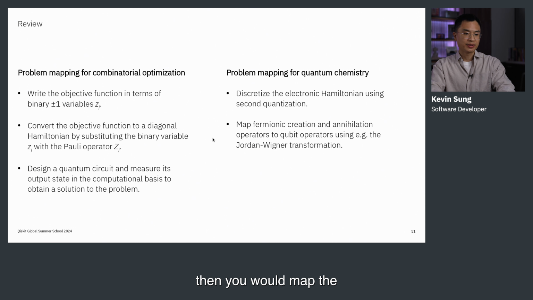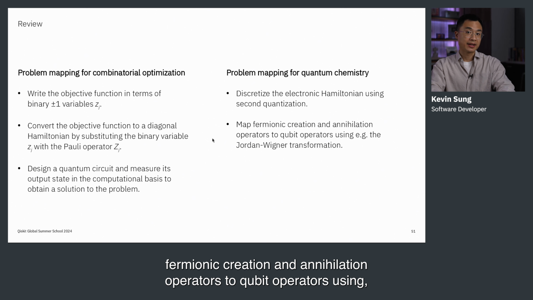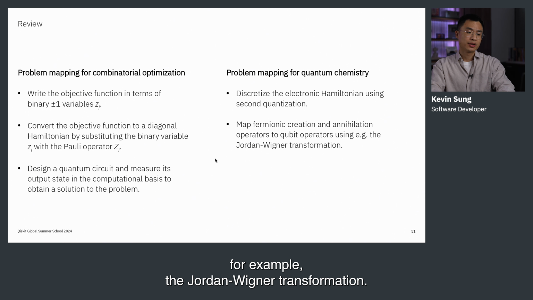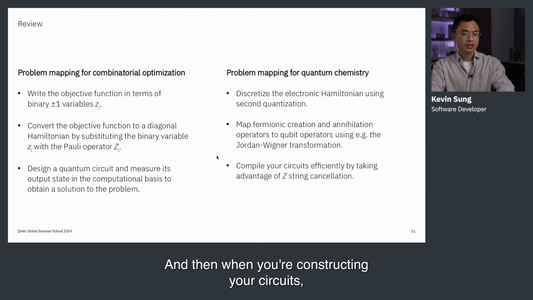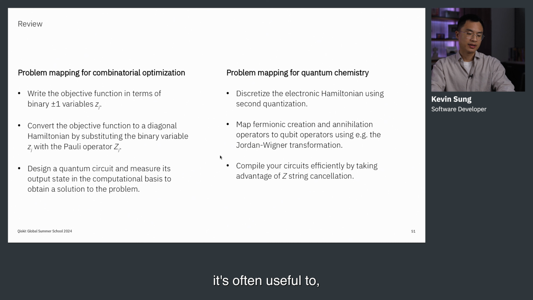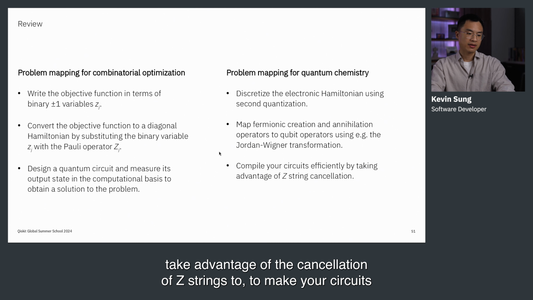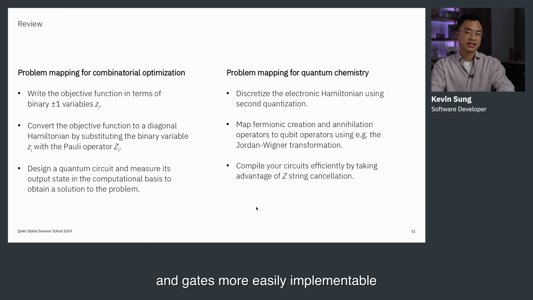Then you would map your fermionic creation and annihilation operators to qubit operators using, for example, the Jordan-Wigner transformation. And when you're constructing your circuits, it's often useful to take advantage of the cancellation of Z-strings to make your circuits and gates more easily implementable on the quantum computer.